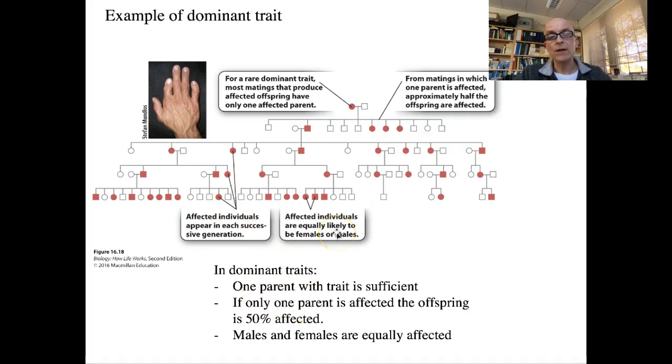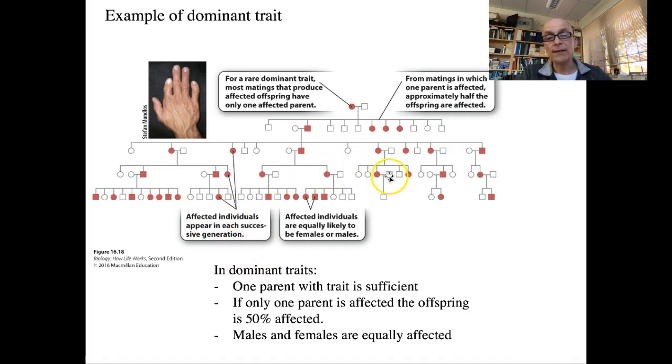The other thing is that about 50% are affected. So you see that if you count them, 1, 2, 3, 4, 5, 6, 7, 8, 9, 10, 11 kids. Out of those, 4 are affected, not exactly 50%, but thereabouts. So here it's a little bit more, here it's a bit less. If you sum them all up, you probably get to around 50%.